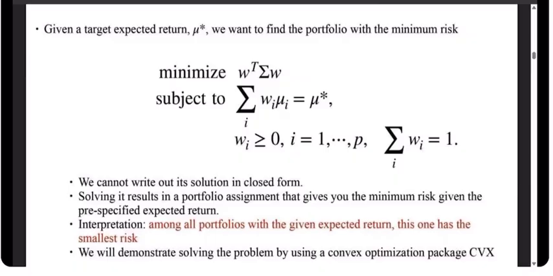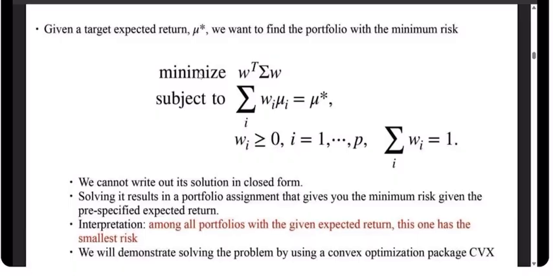Every investor wants to minimize their risk given a certain value of expected return, which is the same thing as maximizing their expected return given a certain level of risk. Because they want to minimize risk, I'm going to minimize the variance of the portfolio.